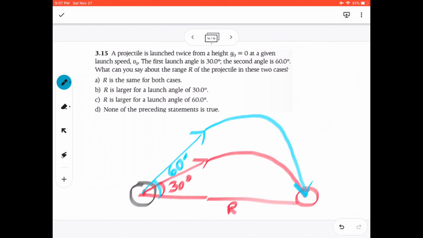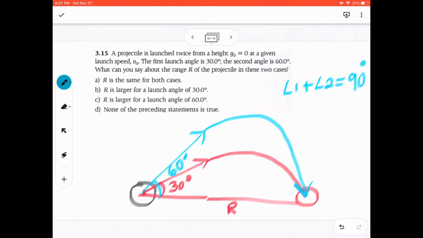If you want to verify this, you can go to the virtual lab that I've given you about projectiles, the one that we used for our project, and try to launch the projectile at the same initial velocity at 60 and 30 degrees, and you'll get the same range. The same goes for any angles that are complementary to each other, meaning angle 1 plus angle 2 equals 90 degrees.